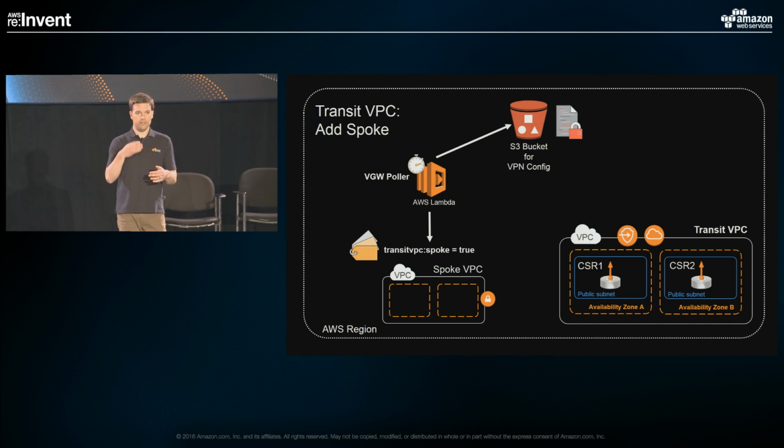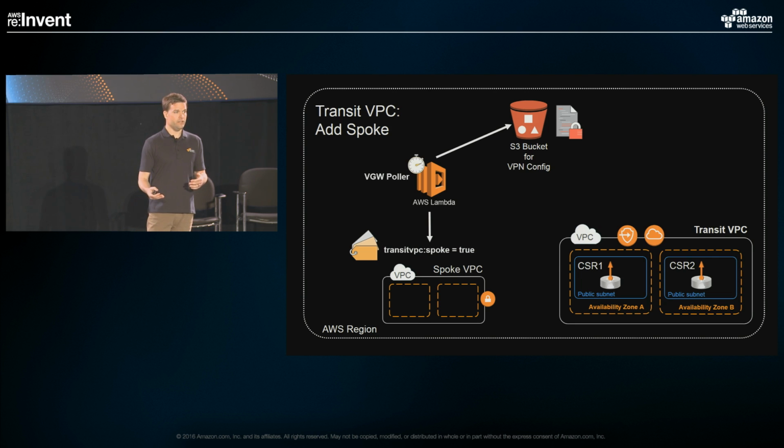It builds the necessary VPN connections. So it creates the CGWs, the customer gateways, if it needs to, and creates the VPN connection. It bundles that up into an XML file, encrypts that and stores that on S3, which triggers another Lambda function by putting that object onto S3.